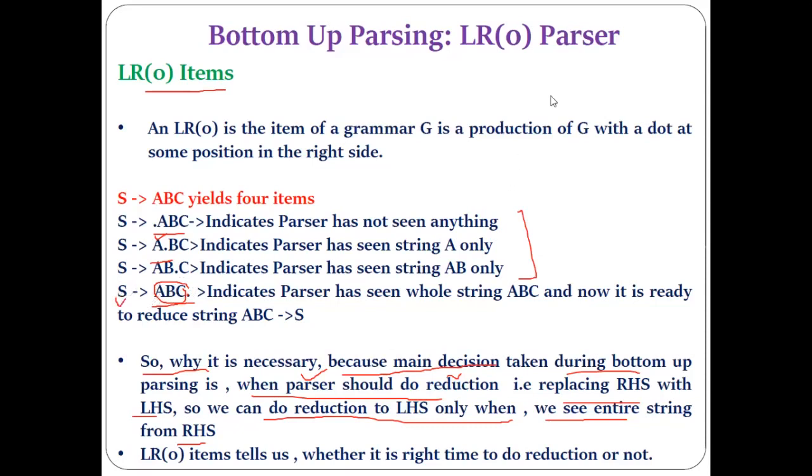So the main purpose of utilizing the item in bottom up parsing and in the LR0 parser is that it gives the parser the idea of when the reduction should be done. Instead of blindly doing the reduction, the item gives the idea. When the dot is present on the rightmost side of this string, with nothing after it, it indicates the reduction can be done, meaning the right hand side can be replaced with the left hand side.